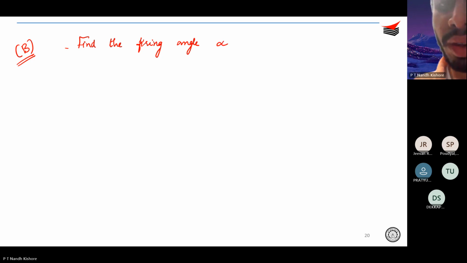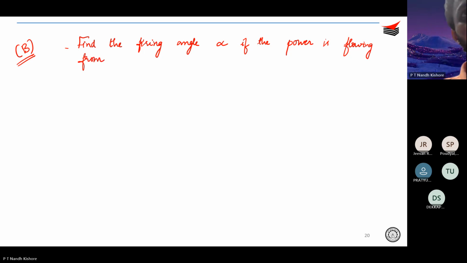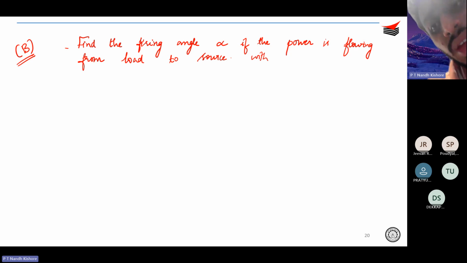Alpha, if the power is flowing from load to source with same E equal to 120 volts.